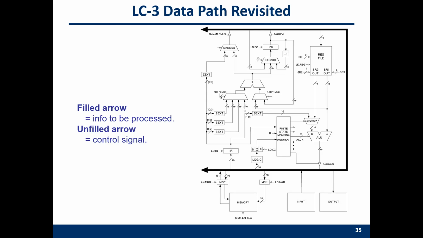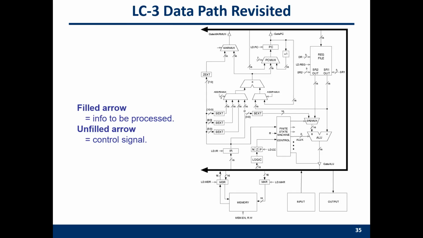The major part of this is the ALU. It can support addition, and, and not. We have a PC and the PC mux. We have 8 registers here, contained in one register file.